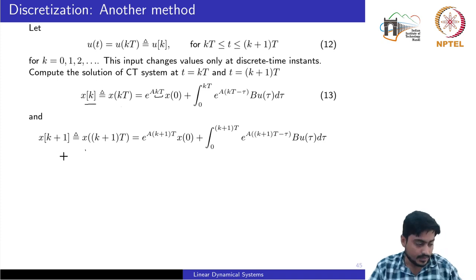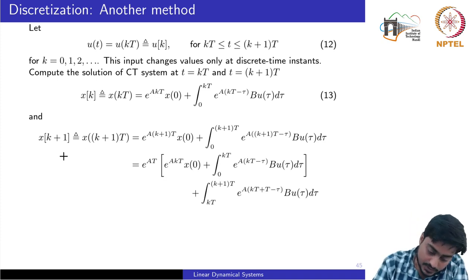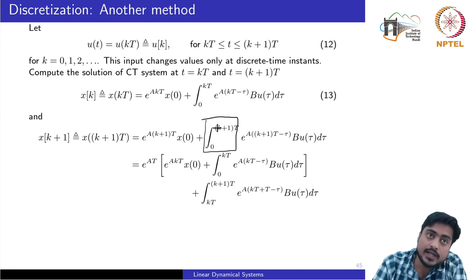Okay, now let's see. First of all, I break this integral into two parts. This integral starting from 0 to kT, and from kT to (k plus 1)T.